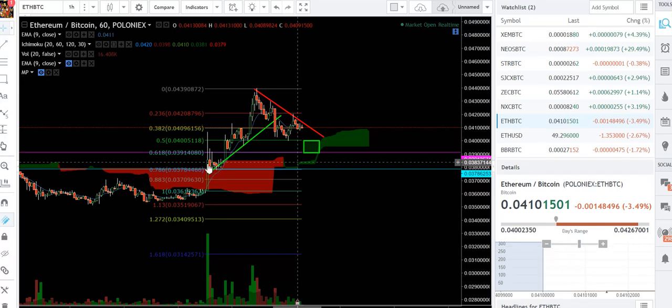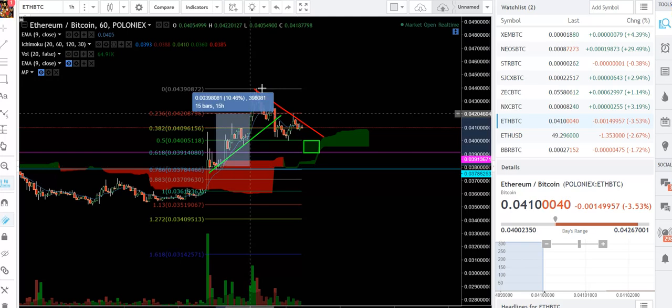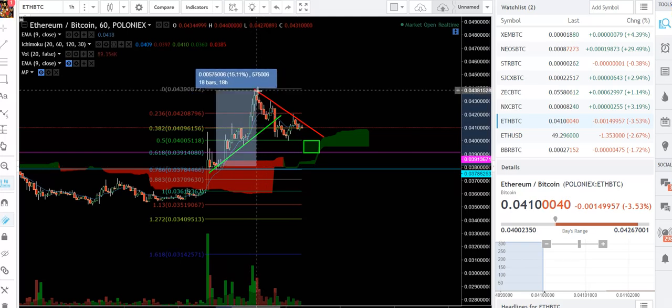Meaning that if you're going to trade this on margin and you get in here, by the time the price goes up 15%, if you're trading like 33 times leverage on BitMEX or something, you're up maybe even 300-400% in your trade already, just in this little move from here.